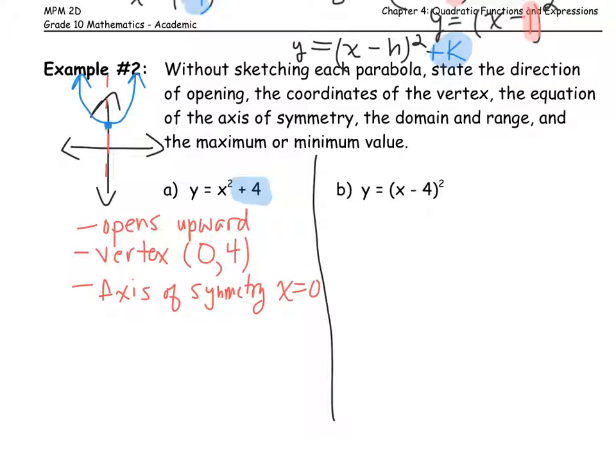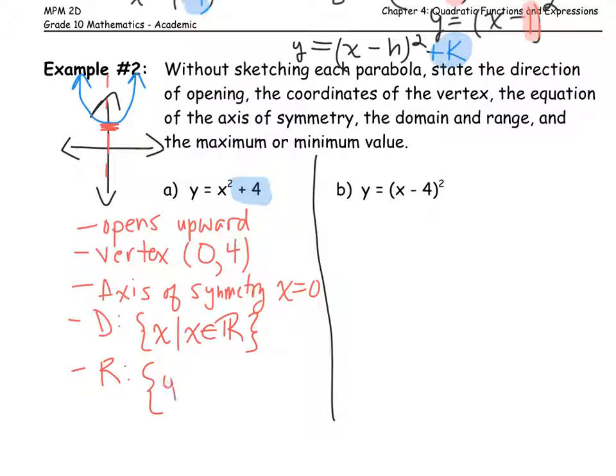And then the domain and the range. So my domain, in terms of my x values, this graph is going to keep going and going. It started at 0 and it's going to go to each extreme. So I know that my domain is x is such that x belongs to the set of real numbers. And my range, however, is a little bit different. I can tell that my y values cannot go below y equals 4.